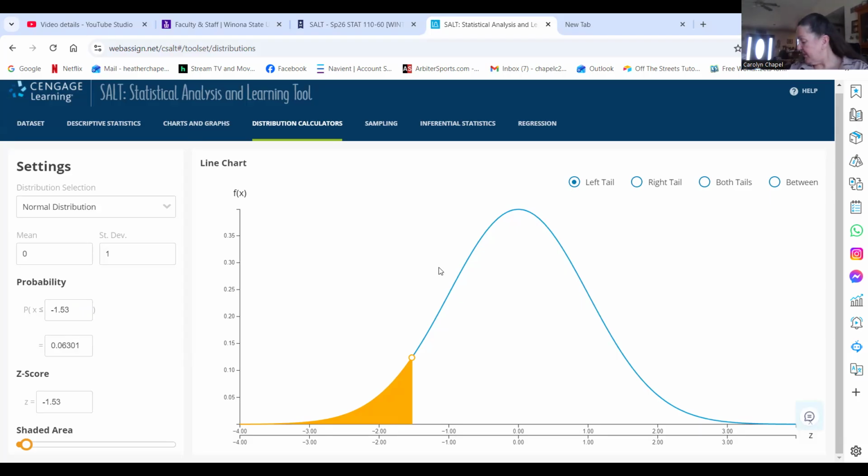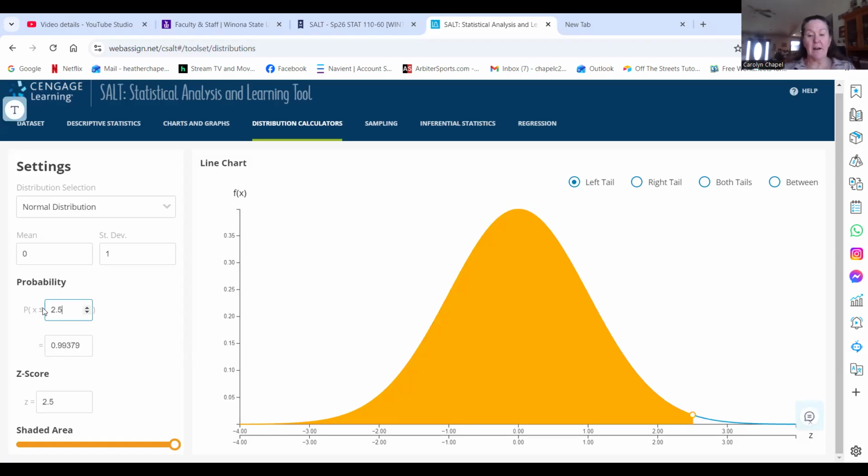Okay, the next problem is still a left tail, but we're changing that -1.53 to 2.57. You'll notice that we get a lot bigger than 50%: 0.99492.